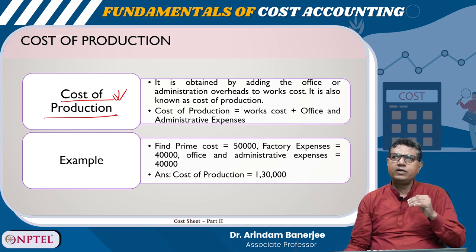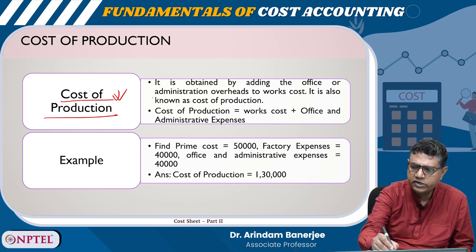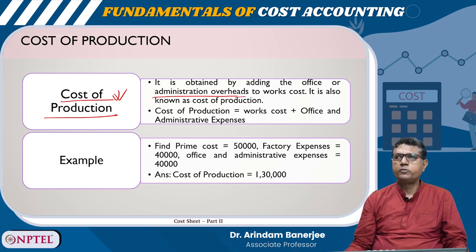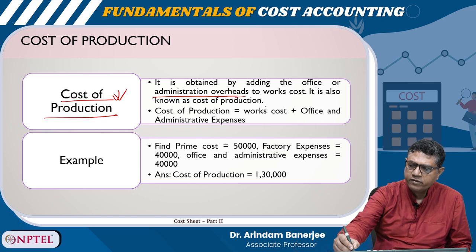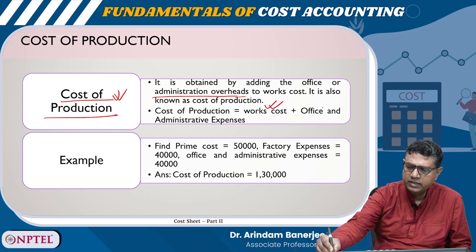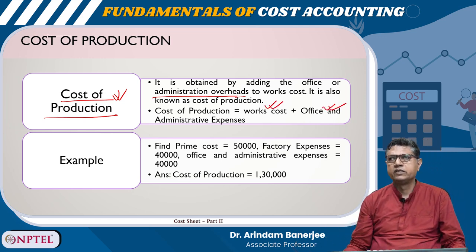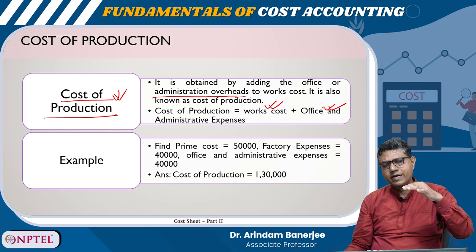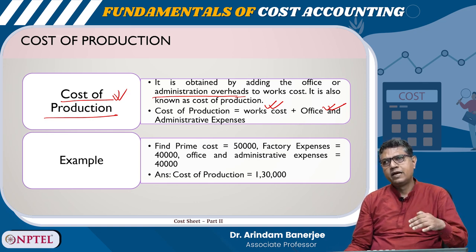Now, we will add the administration overheads. So, cost of production is equal to works cost plus office and administrative expenses. First we took the prime cost. With the prime cost, we added the factory overheads. Now, we are adding the administrative overhead to it.